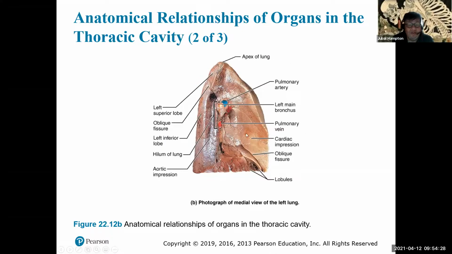So here we have our lung. Now, the hilus or the hilum is the area where the vasculature and the bronchioles are going to be passing in and out. The pleura are the membranes, and we have a superficial and a deep pleura.